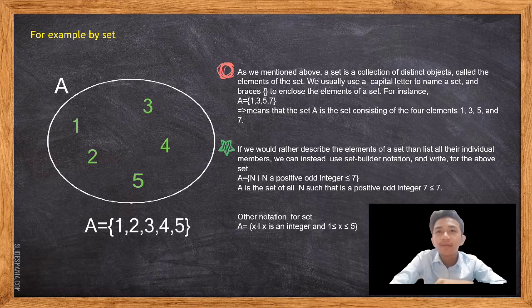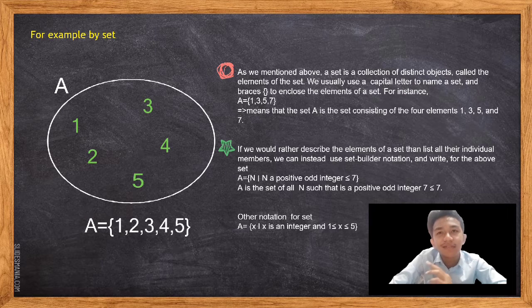Okay, next, rather than listing all the individual members, we can describe the elements instead. We can use set-builder notation and write the above set, for example, as A equals {n | n is a positive integer less than 7}.